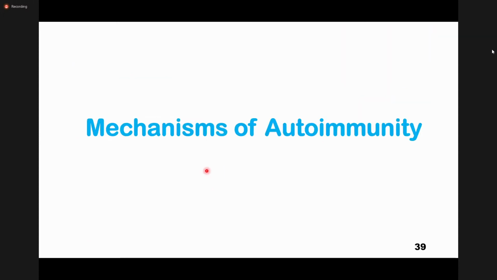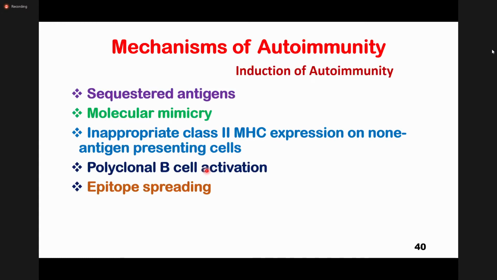So we talk a lot about the different reactions and the T cell or complex mediated diseases or hypersensitivities. Now we try to separate that into a mechanism.